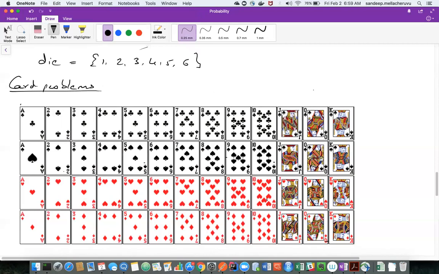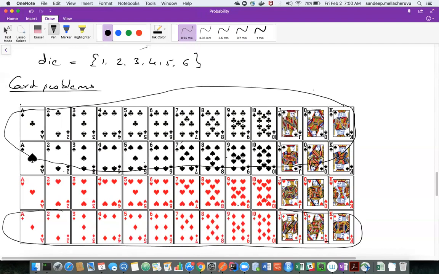39 by 52. Because here, this is a black card set, and this is a diamond set. And here there are no common elements, but you should not take the common elements because it is a union. You should add up all these things. Here how many are there, plus here how many are there.